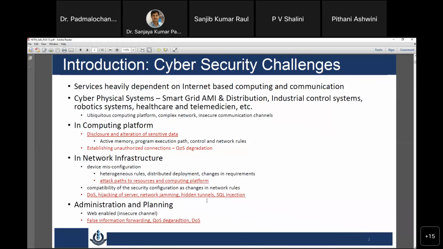Though from your machine you might not be able to get a particular internet service, you can go to some other intermediate device through telnet, and from there you can go to the internet. Many such hidden tunnels may be established. Then SQL injection, this is related to databases. This sort of attack is possible if devices are not correctly configured in the network.